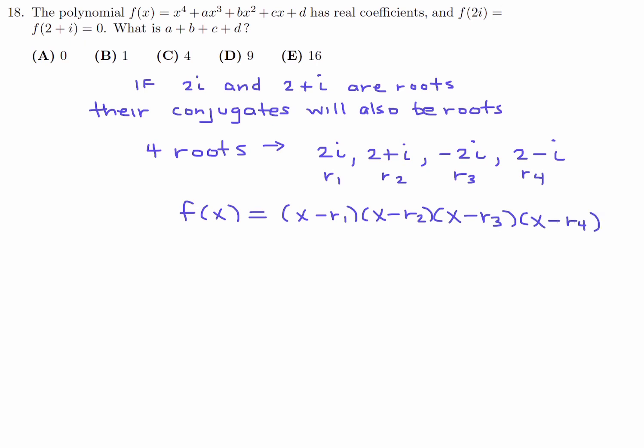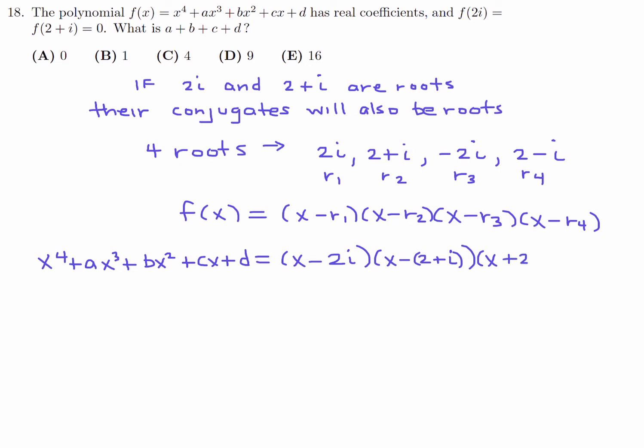And if I substitute these values, I'll get the following. F at x is this big long polynomial right there. And I'll substitute my roots, x minus 2i, x minus 2 plus i, like that. Then x plus 2i, and then x minus 2 minus i, like that.